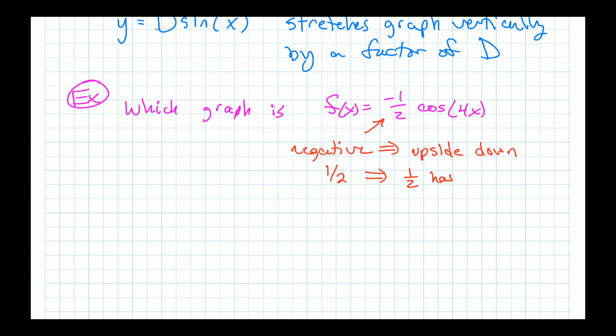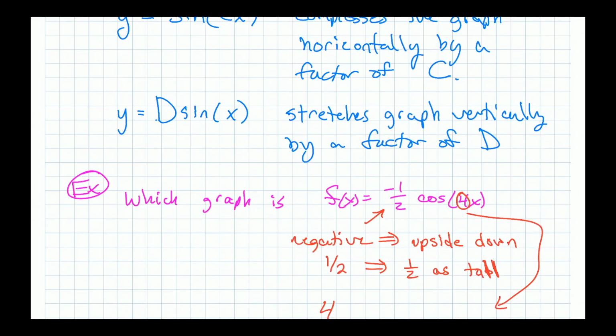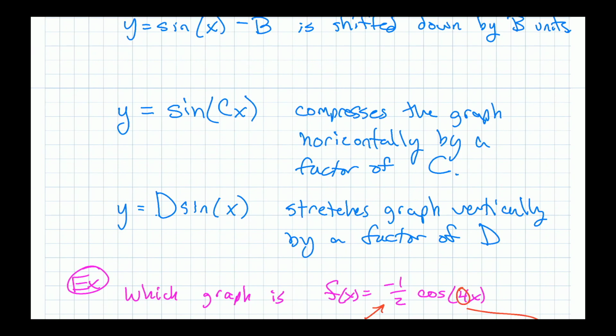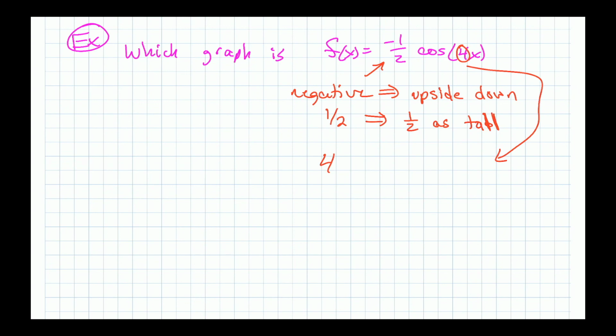So it's upside down and half as tall. Then what's the 4 do? Well, the 4 is where we have compression. It compresses the graph horizontally by a factor of c. So that compresses horizontally by factor of 4.